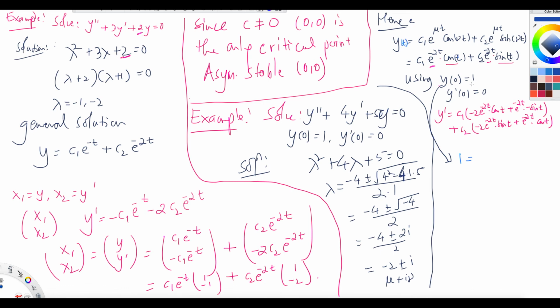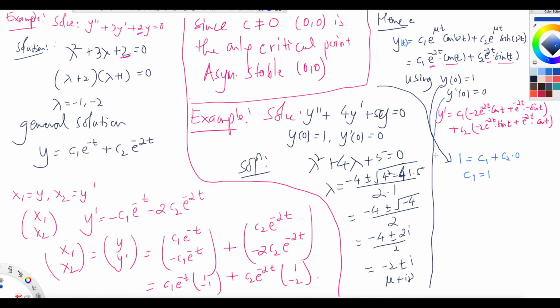So 1 equals c1, because cosine 0 is 1 and e to the mu times 0 is e to the 0, which is 1, plus c2 times 0. You got c1 equals 1.